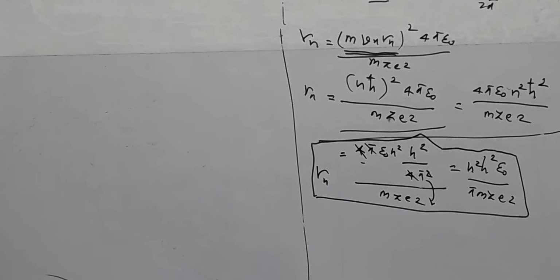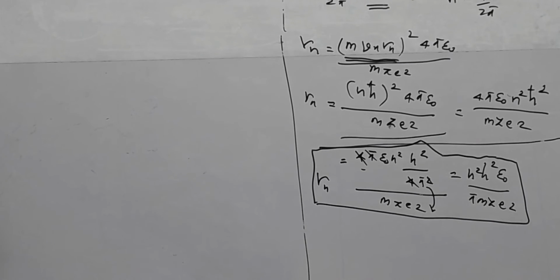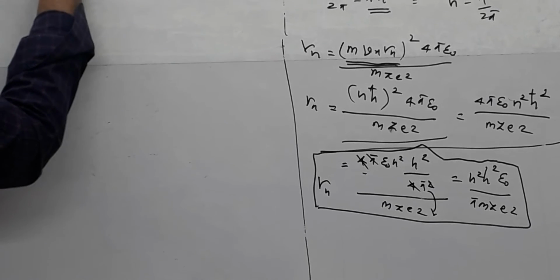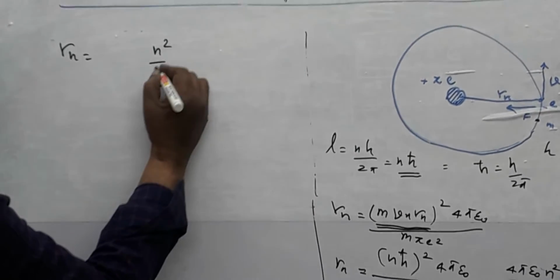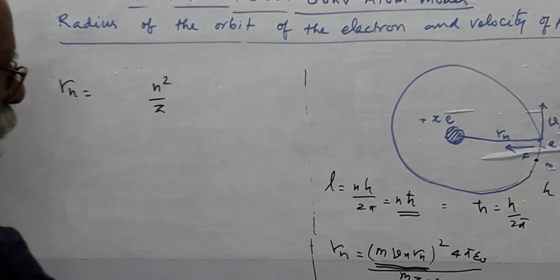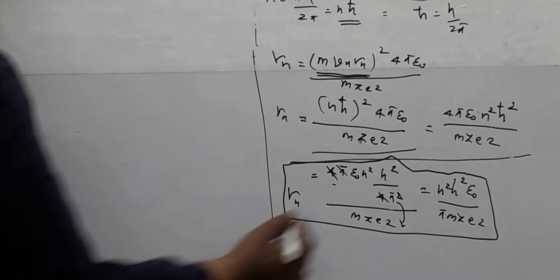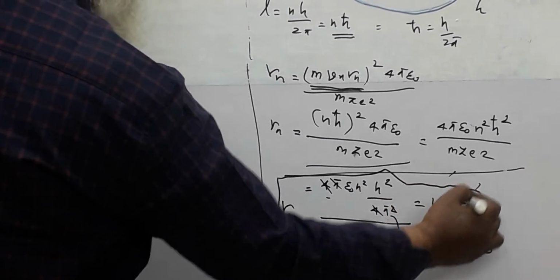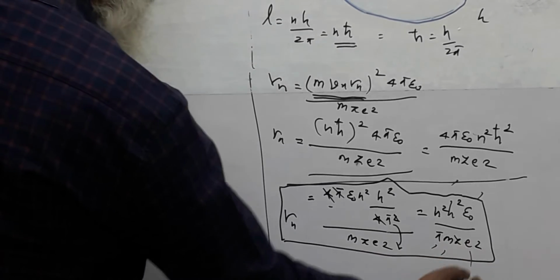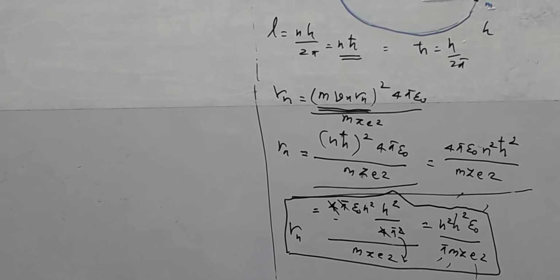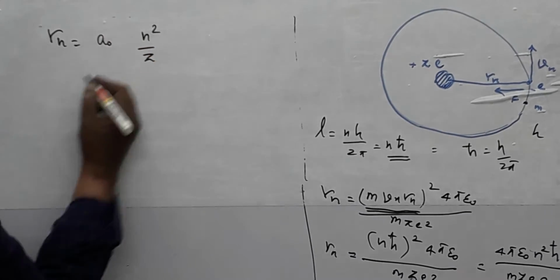Here n square and z are variable, and the remaining values are all known constants, so substitute the values of Planck constant, epsilon naught, pi, m and e square, and consider that as a naught.